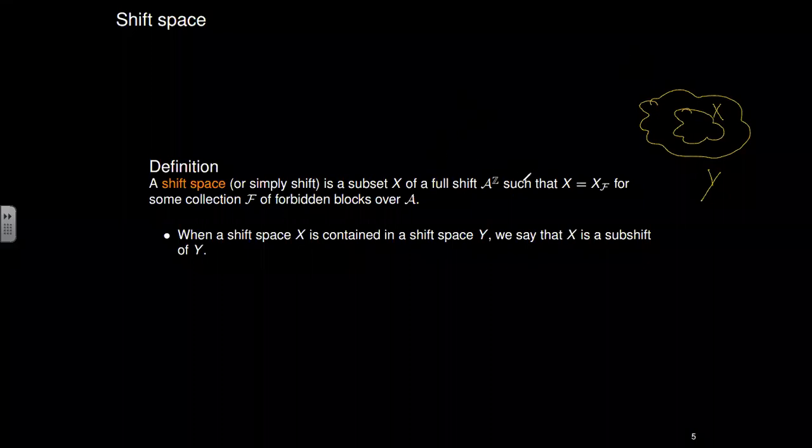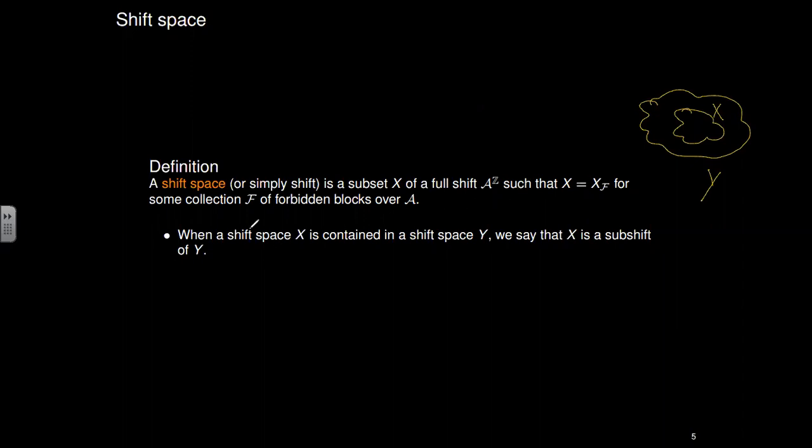Before I talk about a very simple example, let me introduce one interesting property about shift spaces and forbidden blocks. I will give you this as an exercise in your seminar. Let's suppose we have two forbidden blocks, F1 and F2. Then we can say that the shift space X_F1 is reversed.